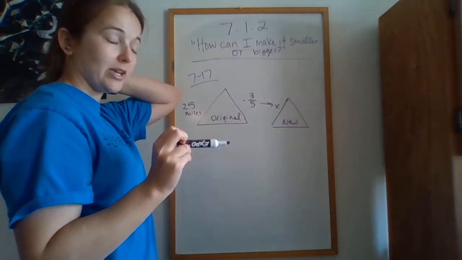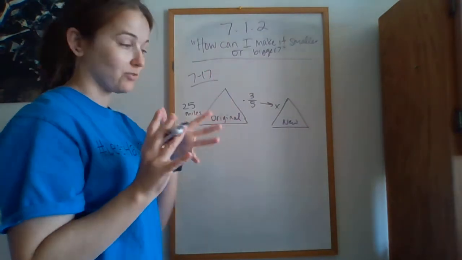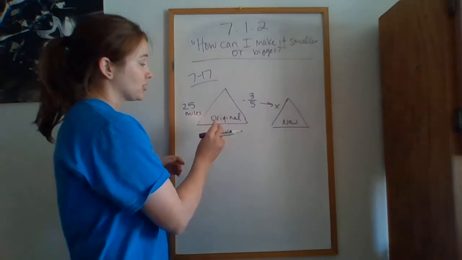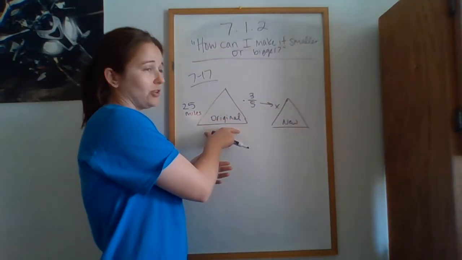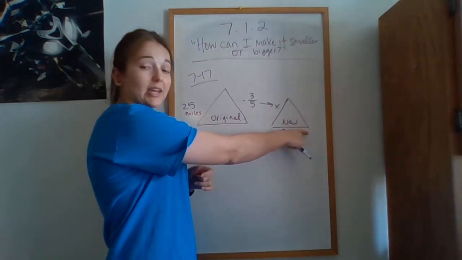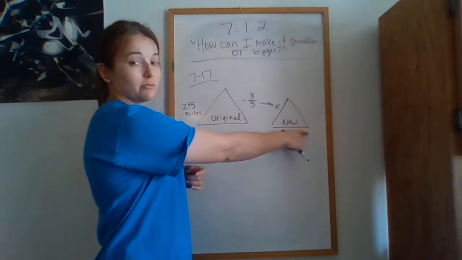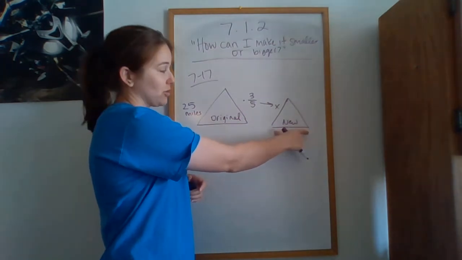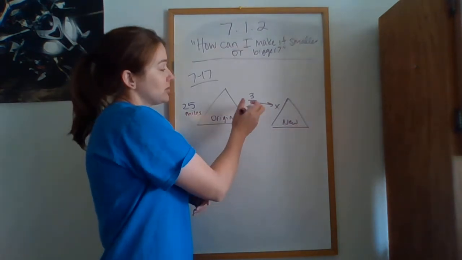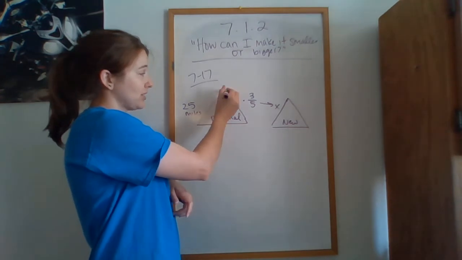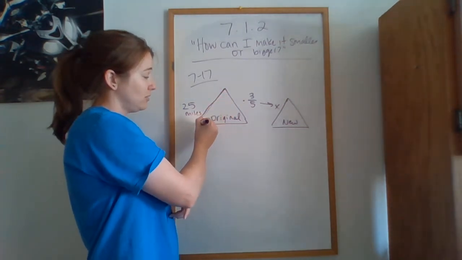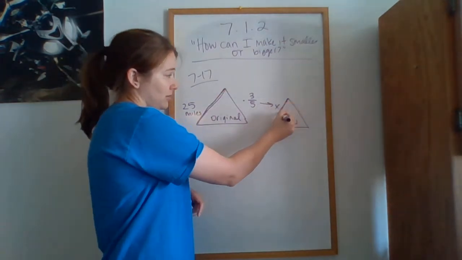Now you might be wondering what the scale factor is for this problem. The scale factor, when you're scaling something, so this is the large triangle and this is its duplicate, but it's a smaller image. It's a smaller version of it. So you multiply this side. We're trying to find this side of the triangle over here.